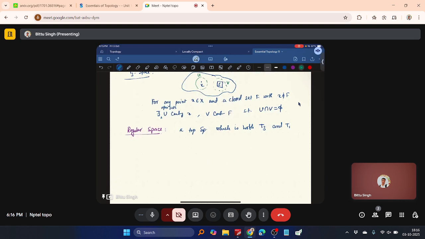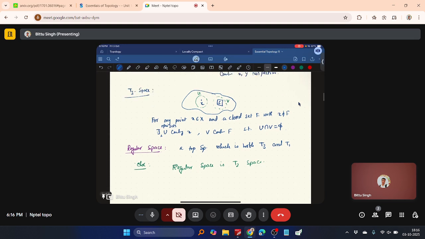So an observation is regular space is Hausdorff, a T2 space. So T3 may not imply T1, T2, but regular will imply T2. Why? Because I have already assumed it is T3 plus T1.